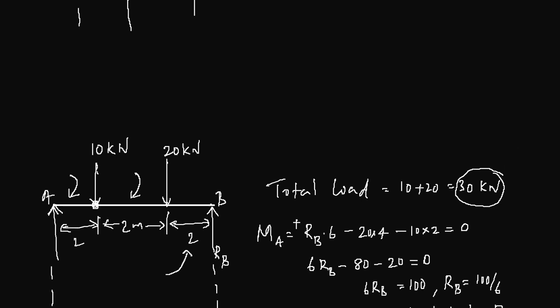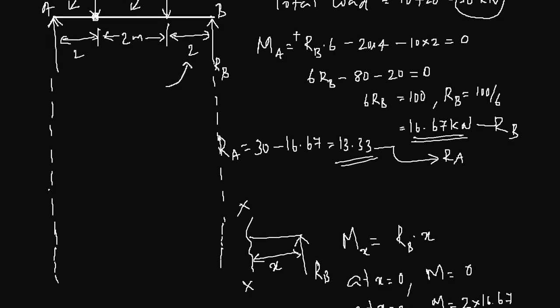Now you can draw the bending moment diagram for this force system. So you can draw it like this. So you have the point of application of loads through these lines. So just draw a straight line here.